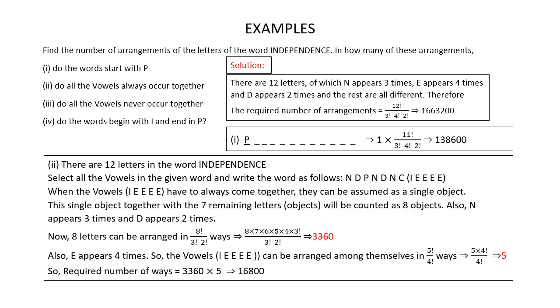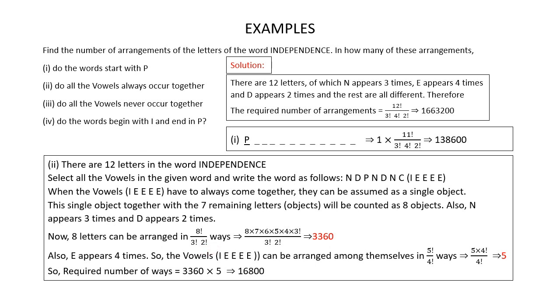Since N appears 3 times, N can be arranged in 3 factorial ways, and D appears 2 times, D can be arranged in 2 factorial ways. So here the repeat factorials are 3 factorial and 2 factorial. So the 8 letters can be arranged in 8 factorial divided by 3 factorial multiplied by 2 factorial ways.